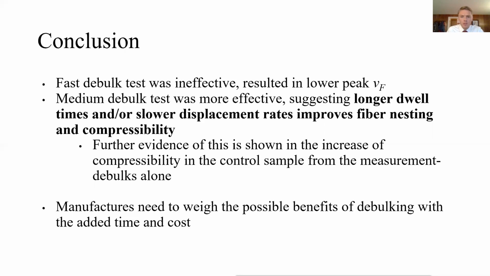But the time and cost related to performing debulking on the samples may not be worth the small increase of volume fraction in all circumstances. So this is something that manufacturers are going to have to weigh out. If they are able to do these debulking techniques immediately prior to manufacturing, it may be a benefit, but the additional time and cost of performing these may not benefit depending on their purposes.